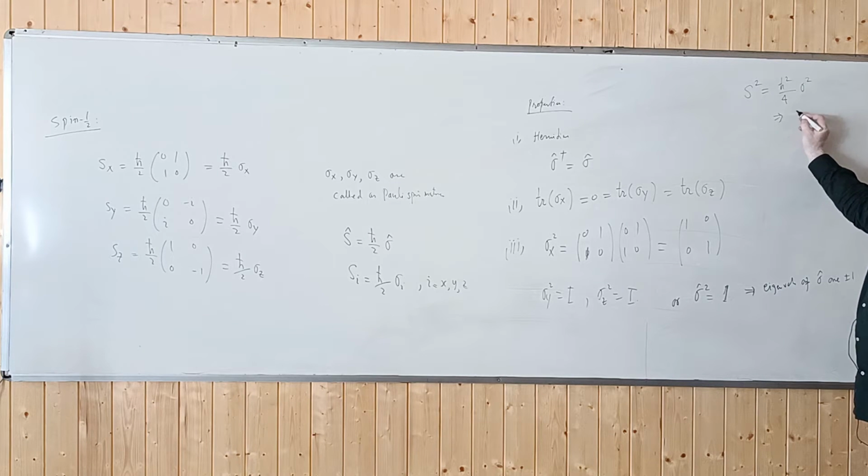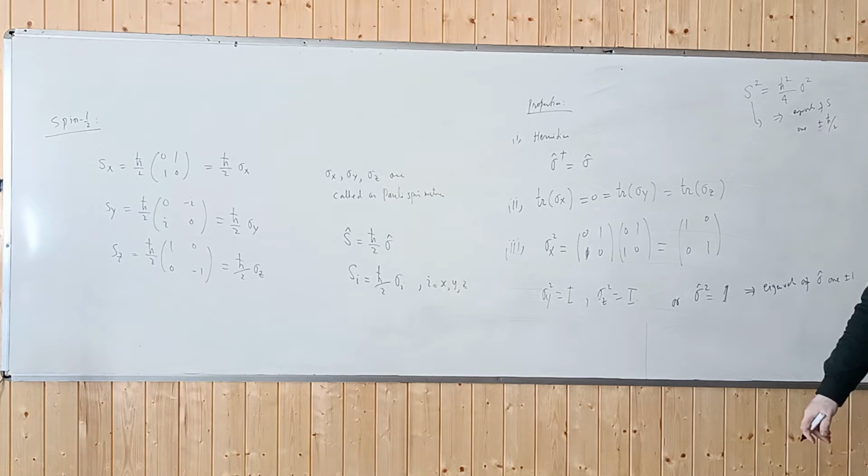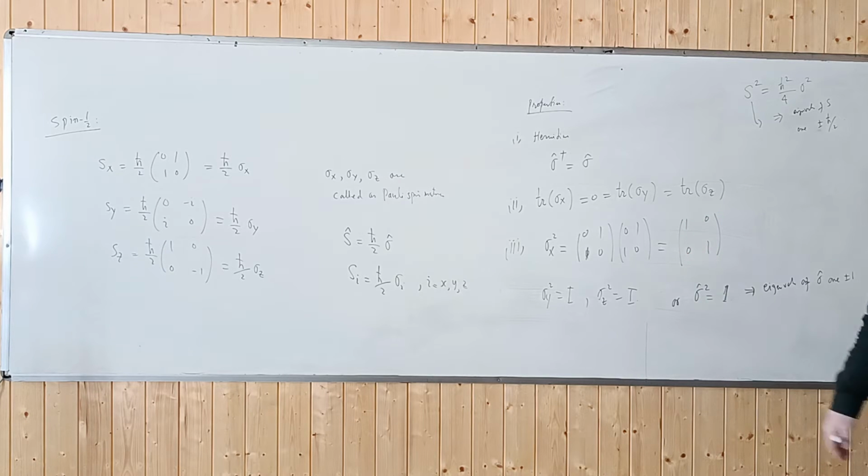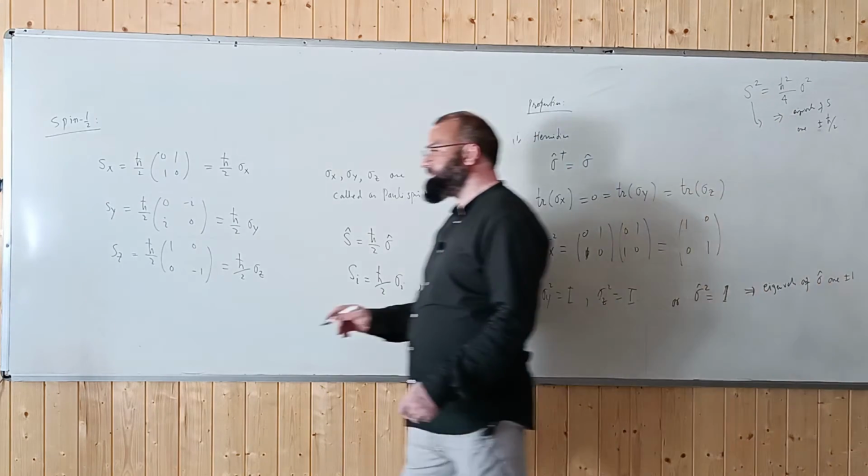So it implies therefore the eigenvalues of S are plus minus h cross by 2 for a spin half particle. I am considering only the spin matrices, I am not taking the units. H cross by 2. Okay? Clear? Okay, so now let's look at another property.